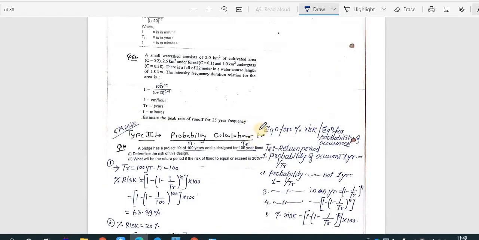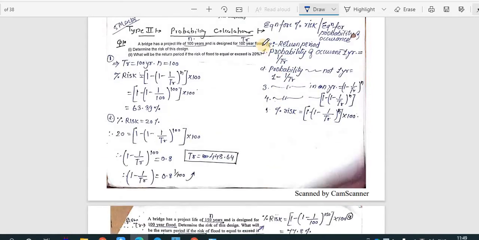These are some of the numericals. Firstly you need to know what the terms required are. First is the equation for percentage divided by the equation of probability of occurrence. This TR is the return period. The formula for probability of occurrence for 1 year is 1 by TR. The probability of non-occurrence for 1 year is 1 minus 1 by TR.